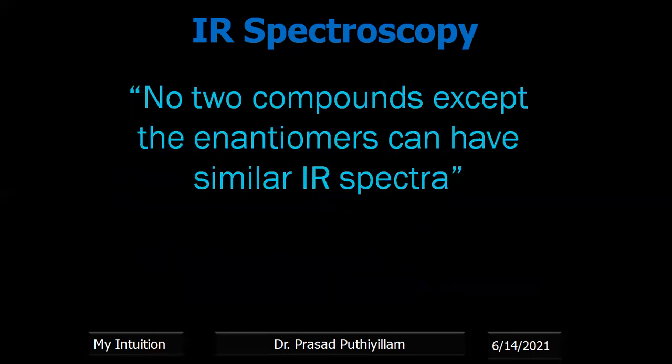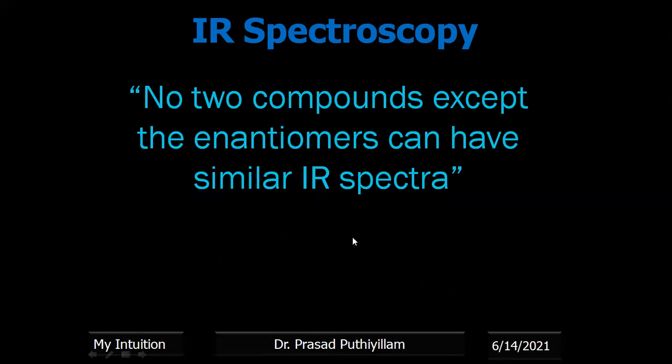Now, no two compounds except enantiomers can have similar IR spectra. So this is a statement. Enantiomers are isomers which show different optical rotation. Other than enantiomers, no two compounds have the same IR spectra.